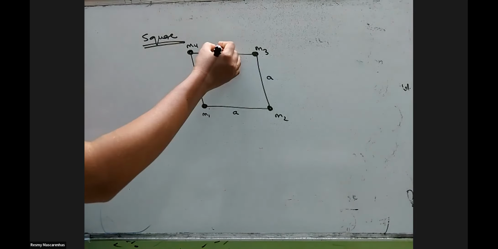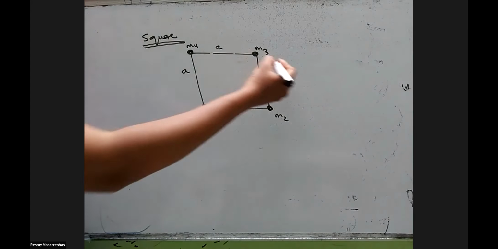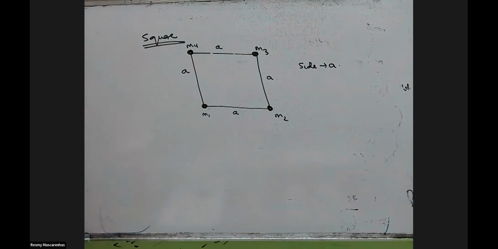All the sides of a square will be equal. Consider a square of side A. The next question is not actually a square, but I'll solve the 7th one first.